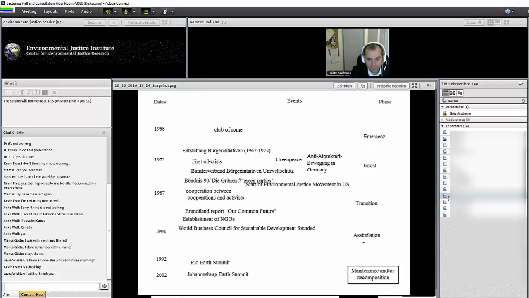I just wanted to tell that I can't see anything as well. Okay. How does it look like? Most of the part is blue, and there's a black box with camera and tone, and I can see the participants of the group, but I cannot see the presentation. The whiteboard. Okay. In that case, it seems to be a graphical issue. It might also depend on the graphic card you are having on your computer. So I think the easiest way is to leave the room and enter again, and see whether this resolves the problem. Yeah. Thank you.